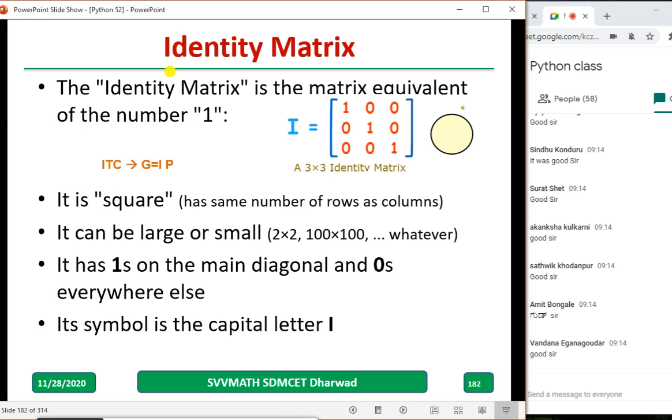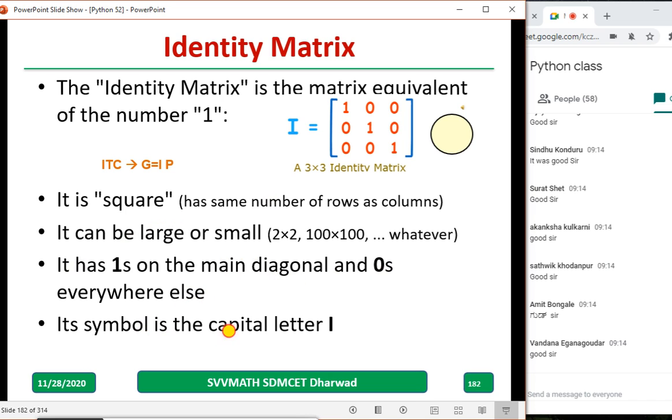Identity matrix, it is known to you people. Identity matrix is the matrix equivalent of the number 1. In ITC we have studied G is equal to I into P, the same identity matrix. It is a square matrix, and all of you know the number of rows will be equal to columns. All these things are just an introduction. It has a 1 on the main diagonal and zeros everywhere else.